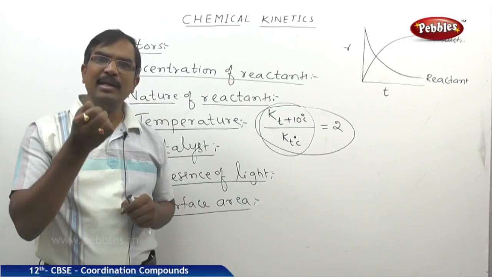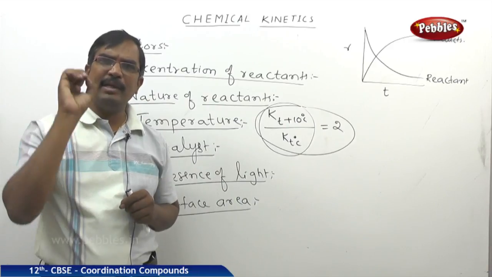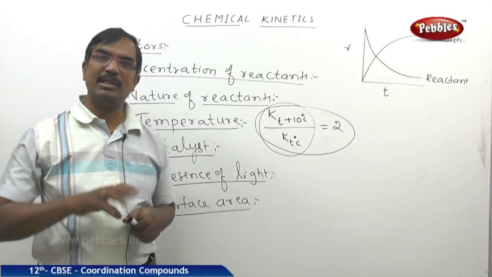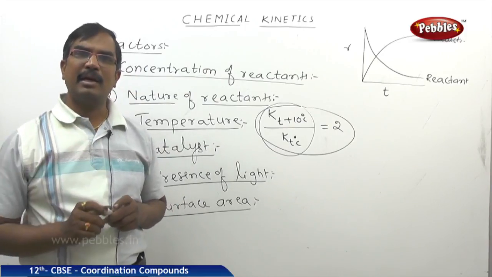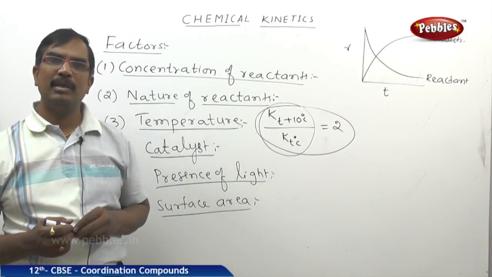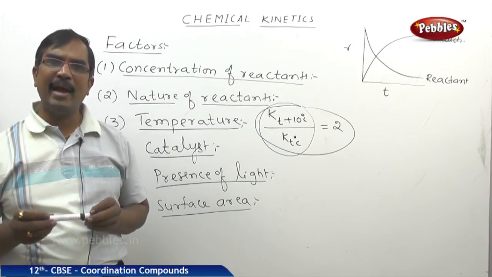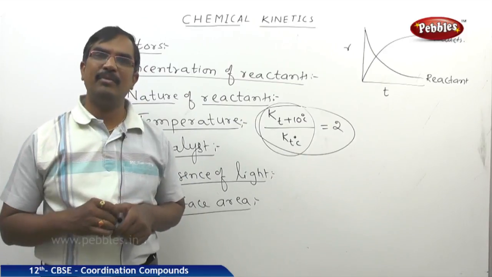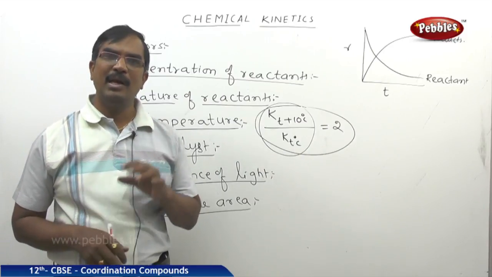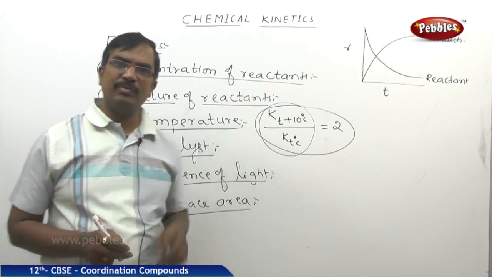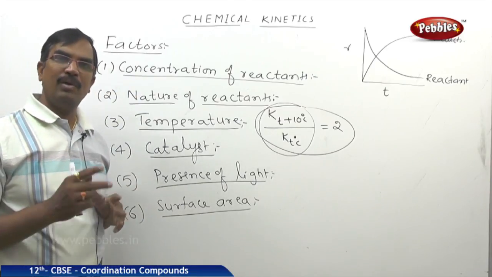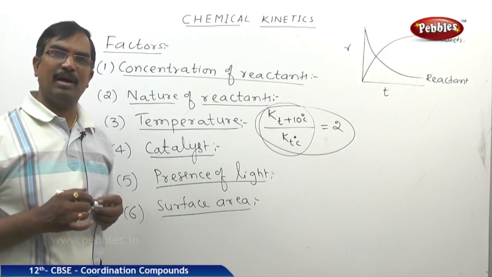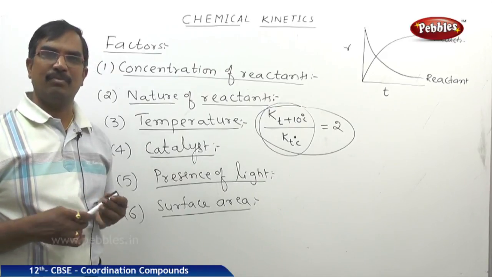Because if you take a finely divided catalyst, every particle of the catalyst can act as a surface, so that it will increase the rate of reaction. If you use a coarsely divided one, the surface area will be very less. So whenever we use a catalyst with more surface area, it will automatically increase the rate, so that the product will be formed faster.